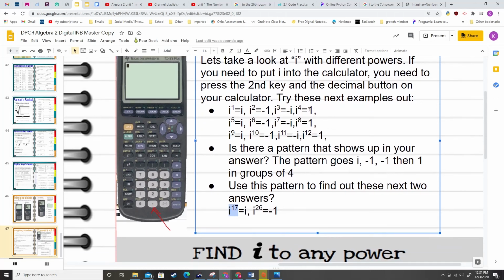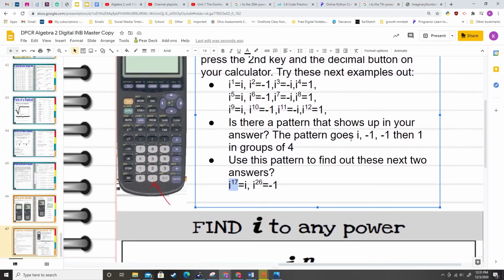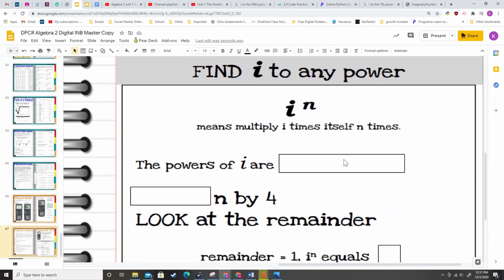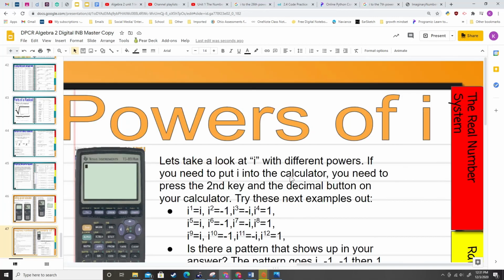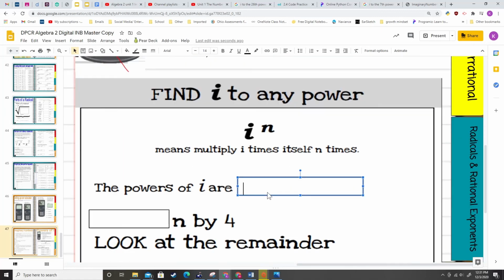So let me go back over this. We see this pattern forming here. So let's just make sure we clarify this. To find i to any power, i to the n just means that we're multiplying it by itself n times, whatever n is, doesn't matter. So first thing, the powers of i are cyclic.